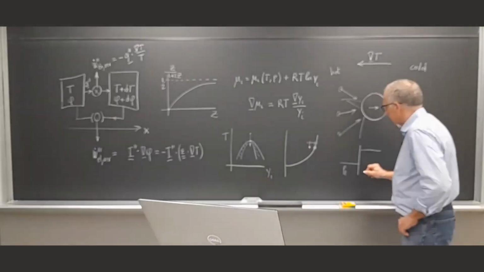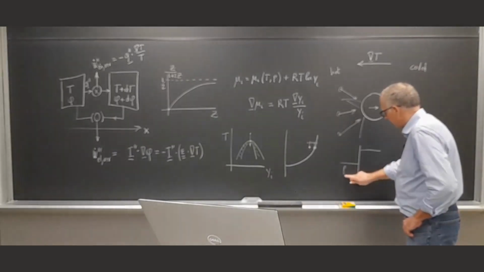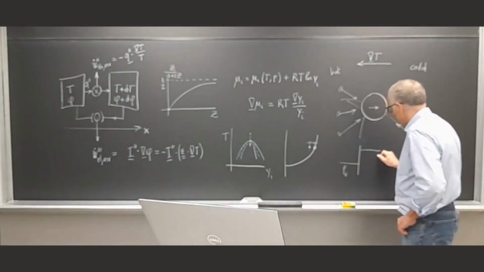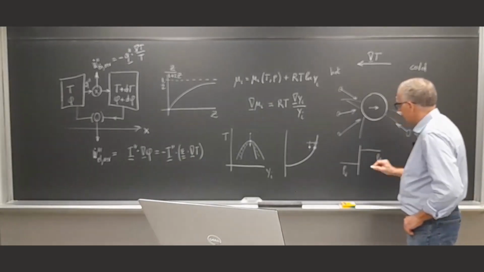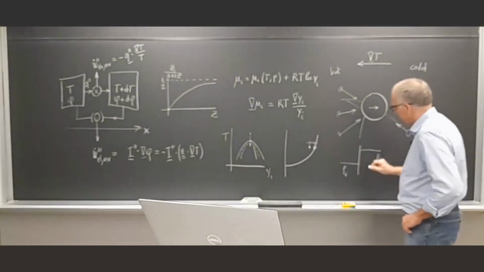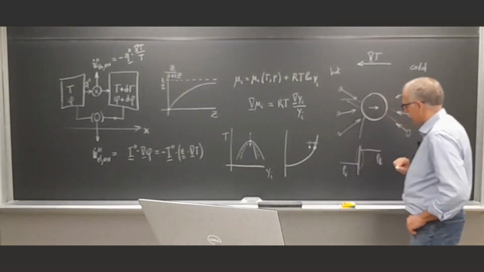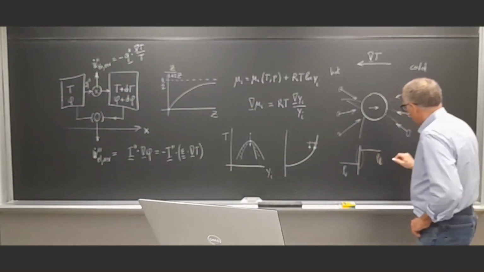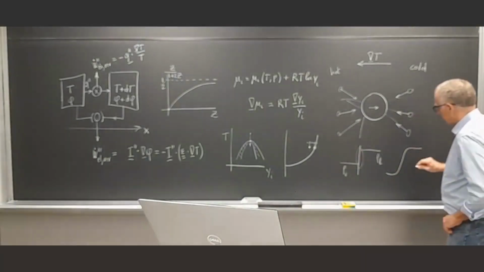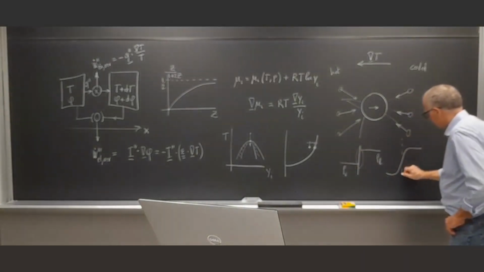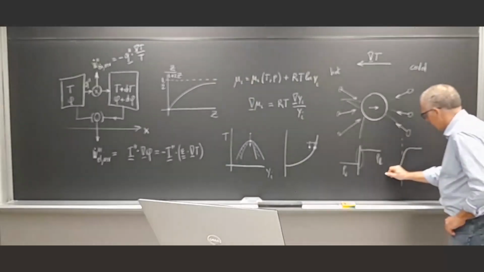This is the density of the vapor, and this is the density of the liquid. You could consider it sharp, but if you enlarge this region, it's actually something like this.